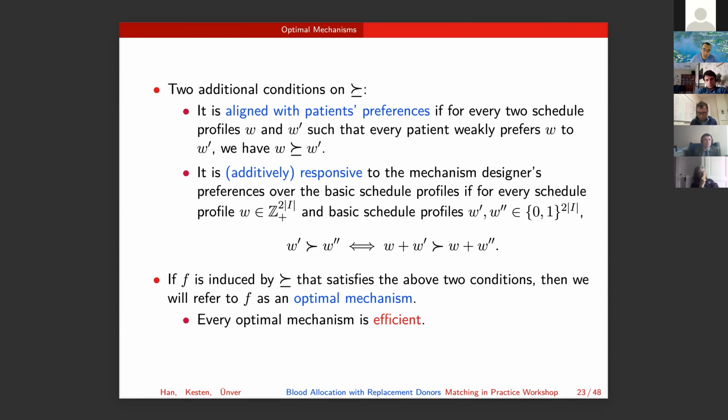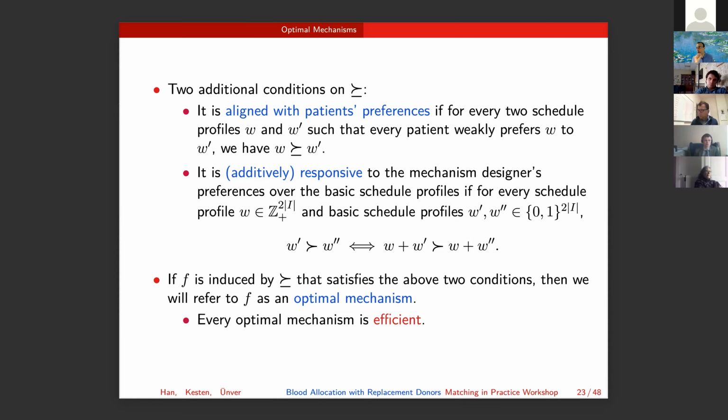So if the component-by-component addition of this W prime and W double prime with W are also in this capital W, then I will say that W prime is better than W double prime if and only if W plus W prime is better than W plus W double prime.